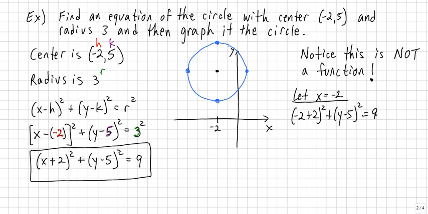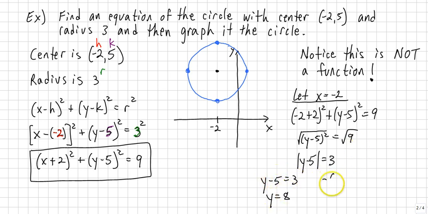Well, this ends up being 0, so I'll just take the square root of both sides. Principal square root. I get absolute value of y minus 5. Principal square root of 9 is 3. So I get y minus 5 equals 3, or y equals 8. And I also get the opposite of y minus 5 equals 3. So y equals 2.